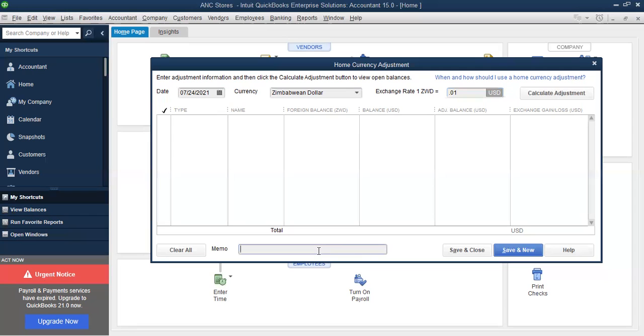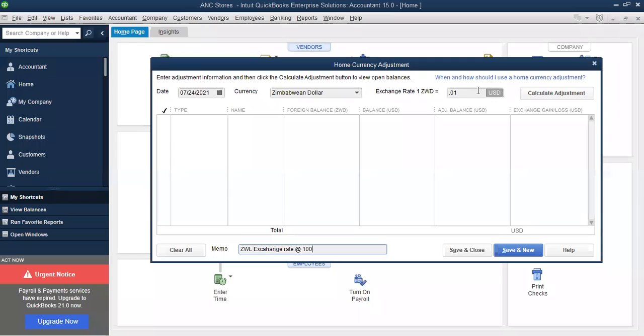Then you come here and say ZWL exchange rate. So 100 Zimbabwean dollars is equal to 1 US dollar. So 1 Zimbabwean dollar is equivalent to 1 cent in US dollar. That's what I mean.